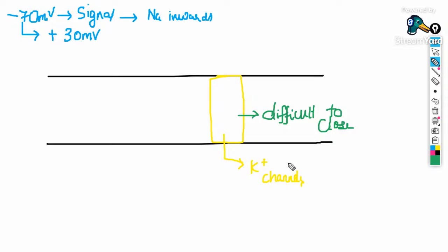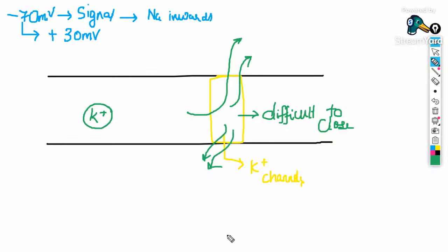So what happens over here? Potassium concentration, as we all know, is high inside compared to outside. Since this channel is open, the potassium ions start moving outside. So even when the potential reaches minus 70, since the potassium channels are difficult to close, it goes on to reach minus 80 millivolt.